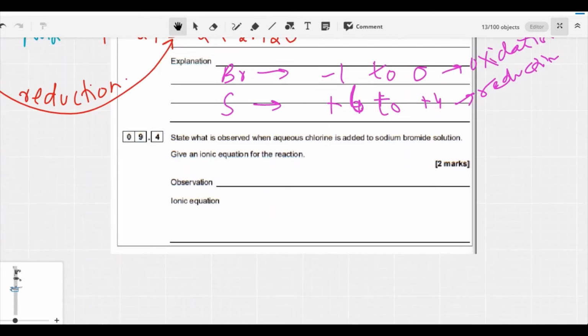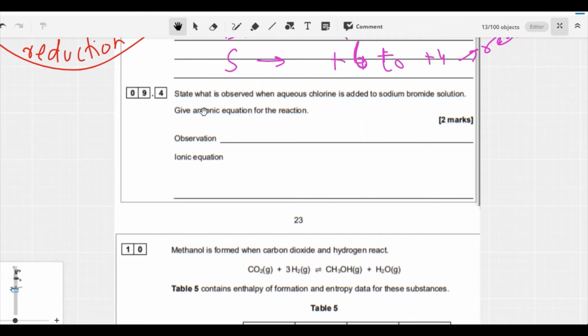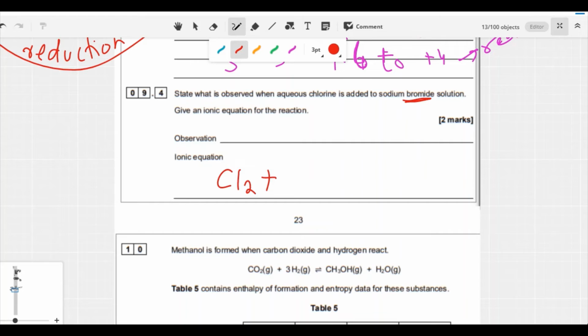Now the next question is, state what is observed when aqueous chlorine is added to a sodium bromide solution. Give an ionic equation for the reaction. First of all, you have to write the ionic equation, so you don't need to write the metal ions. Cl2 reacts with 2Br negative to make Br2 plus 2Cl negative.